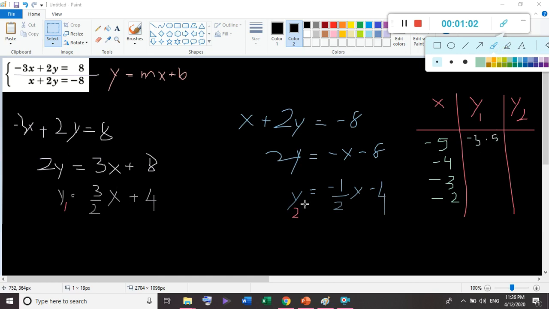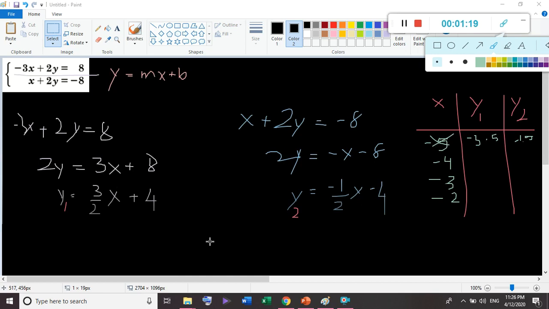Let's substitute it here: -1/2 times -5 minus 4, which is -1.5. Do they have the same answer? No. So -5 is not a solution for us.